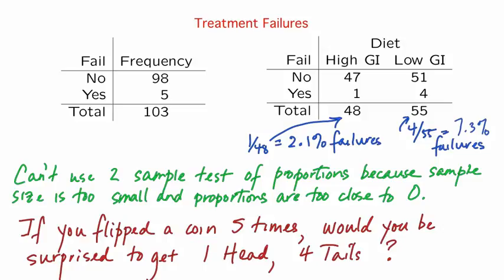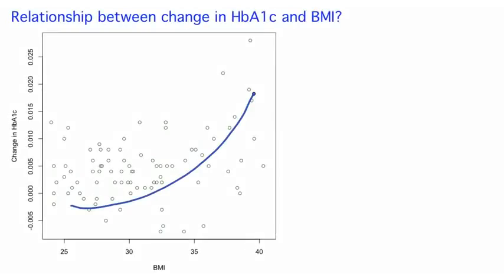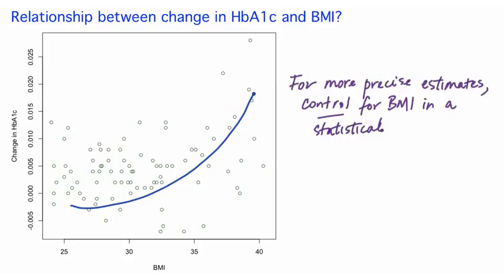Another potential issue we saw in our preliminary data analysis was a relationship between the change in HbA1c and BMI. If there is indeed a relationship between these variables, including BMI in a statistical model can help explain some of the unexplained variation. This would allow us to get more precise estimates of what we're interested in, which is the effect of diet.